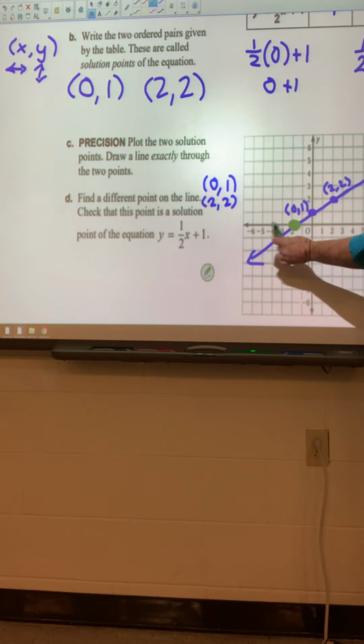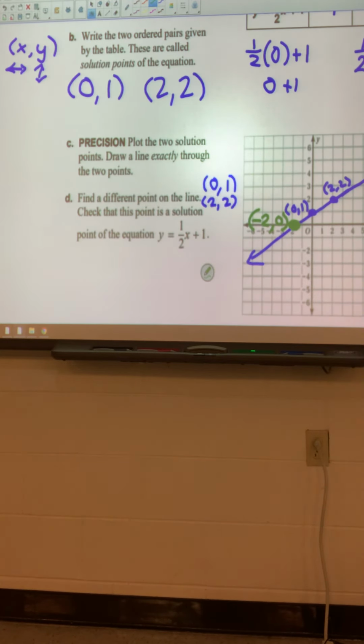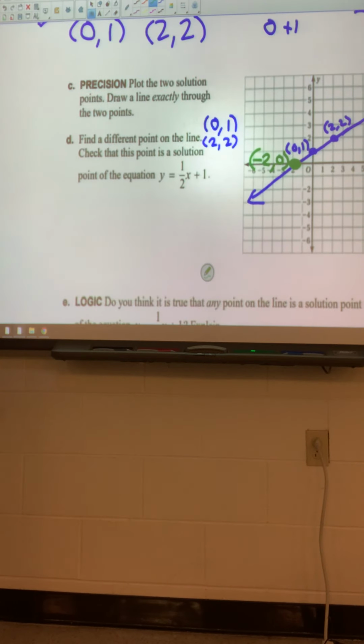This point would be -2, comma 0. I just picked one that looked like it was on my line. What if your line isn't straight? Then it'll be more difficult, but we will have more points when we actually do this.